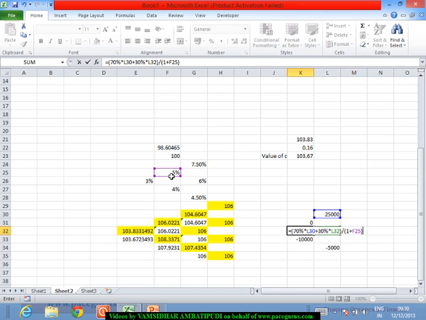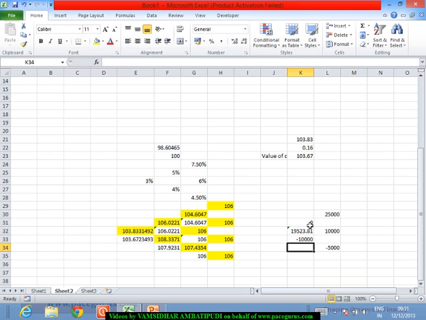This is the present value of the next year's cash flow, plus the current year's cash flow. So the value at the end of the first year, in the upward case where the interest rate is 5%, is going to be 19,523.